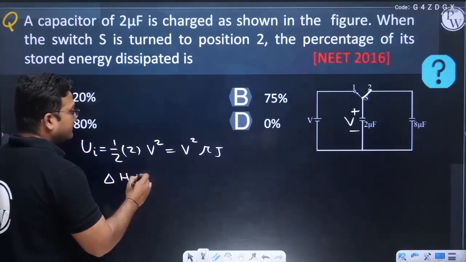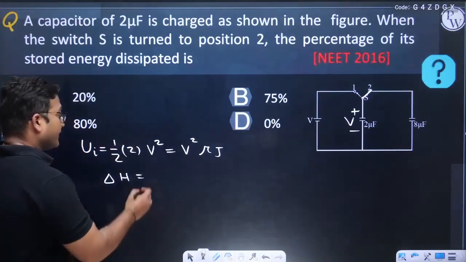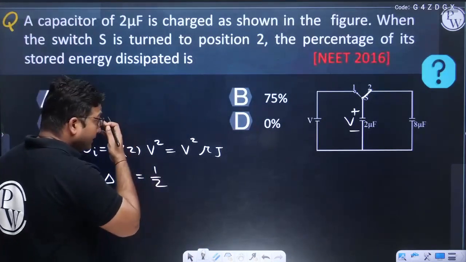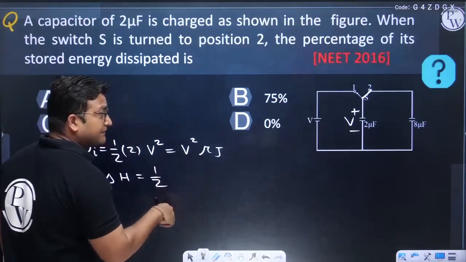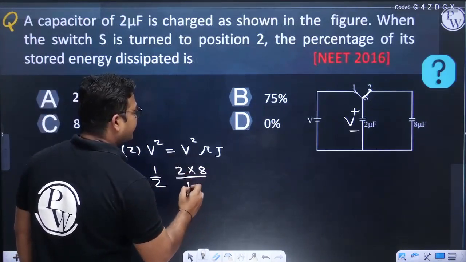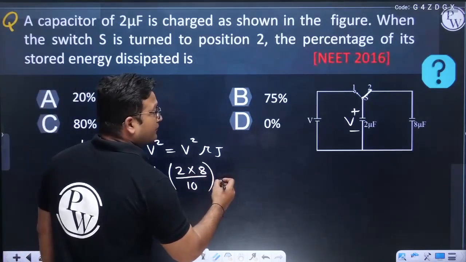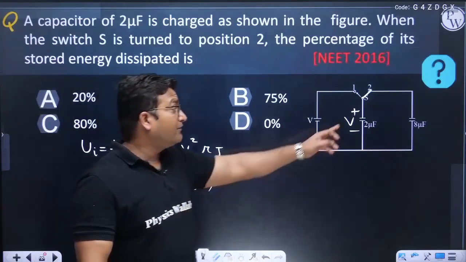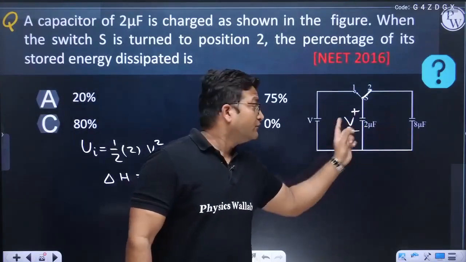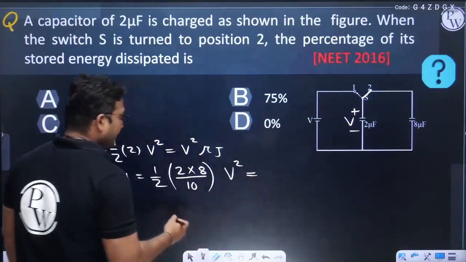So heat loss from the formula half mu V relative square, I can write mu as C1 C2 upon C1 plus C2, that is 2 times 8 upon 2 plus 8, which is 10 microfarad, times V relative square. Here we have voltage V, here we have 0, so relative voltage is V, so V square, and let us see what we have.